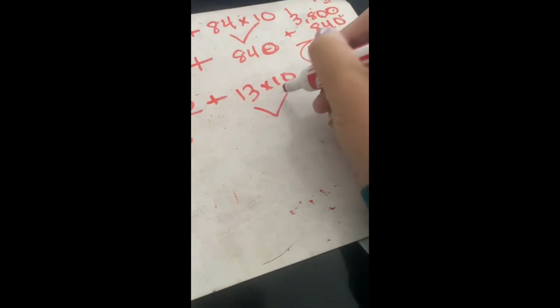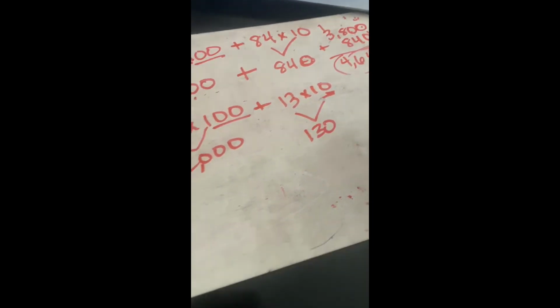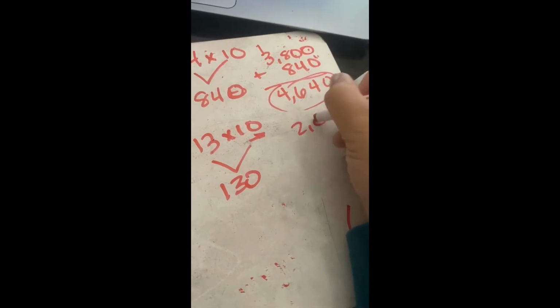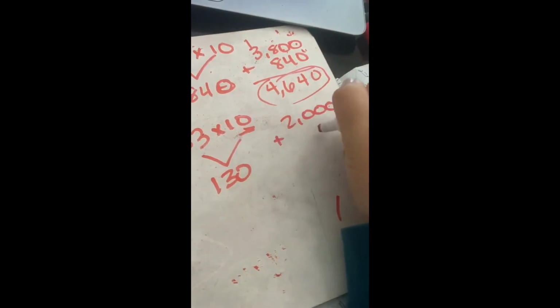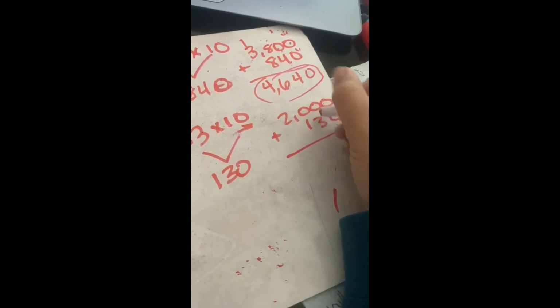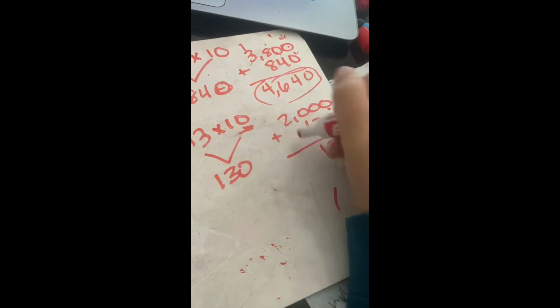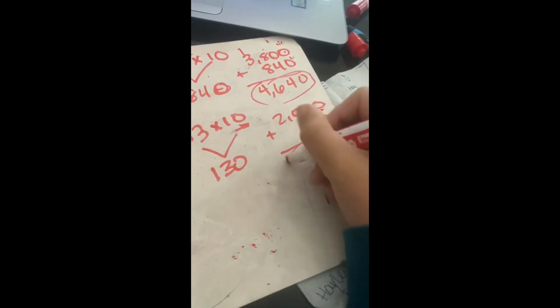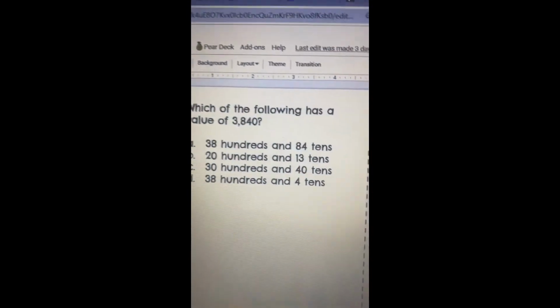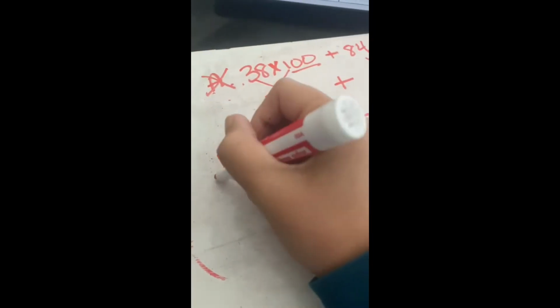So 13 times 1 is 13, and then I attach my 0. So 2,000 plus 130, let's do it. 0 plus 0 is 0. 0 plus 3 is 3. 0 hundreds plus 100 is 100. 2,000 plus nothing is 2,130. Is that what I asked you to find? 3,840? 2,130? No. B is out.